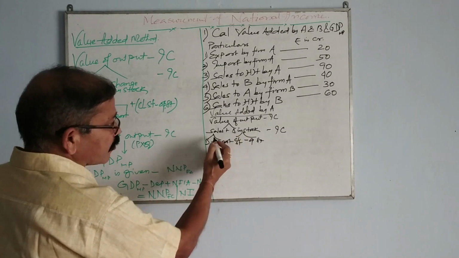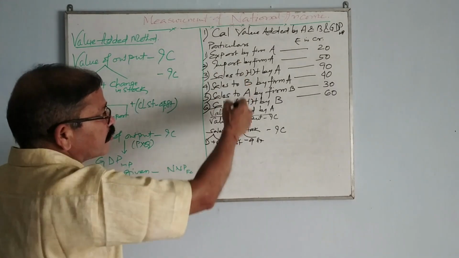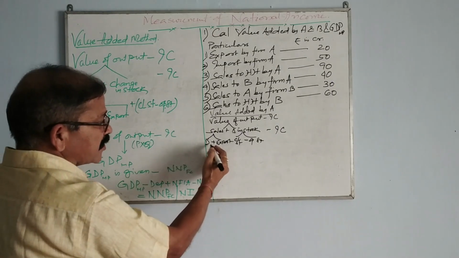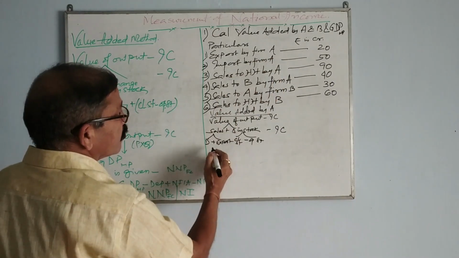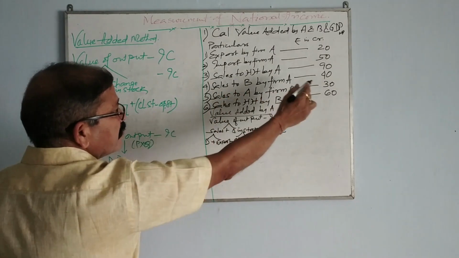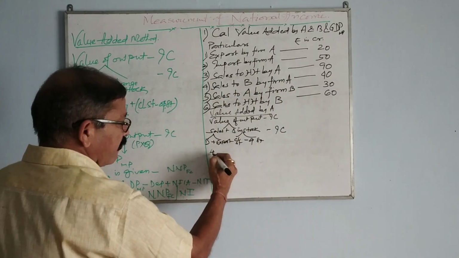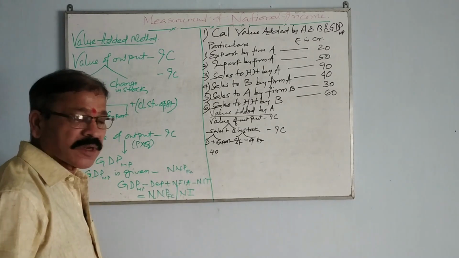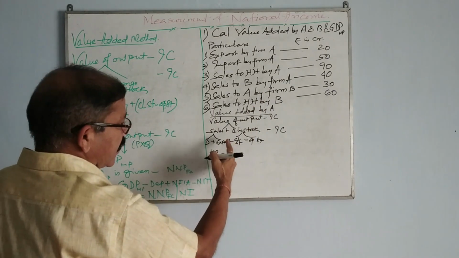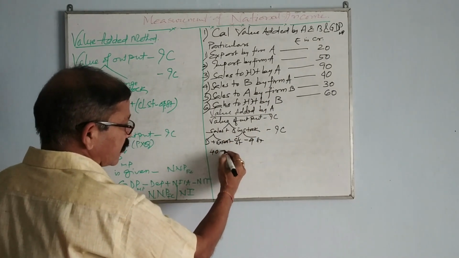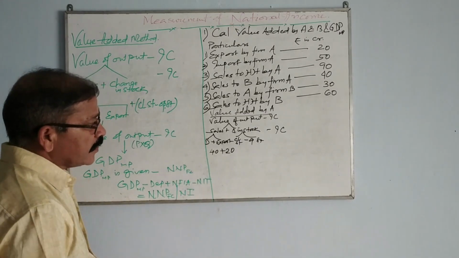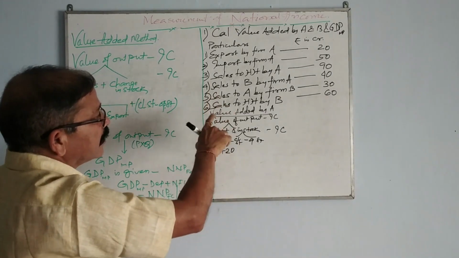Now value of output. Here value of output as such is not given, so you have to find out sales. Sales are domestic plus export. What is domestic here? Sales to B by firm A, 40. Then export is 20. Then anything else?